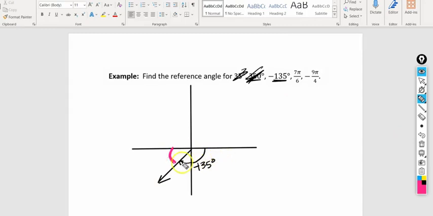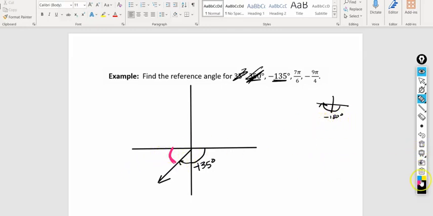Now, if I come the whole way around the flat angle, that's 180 degrees. Going that way is negative 180 degrees. So the difference there is going to be 45.